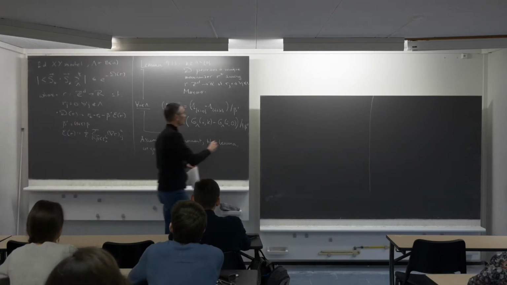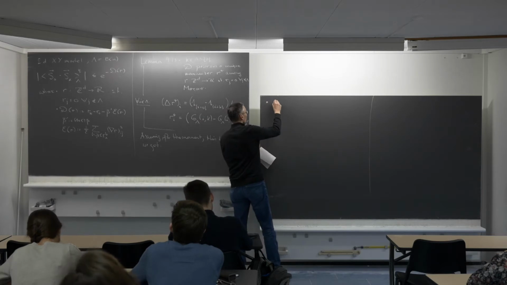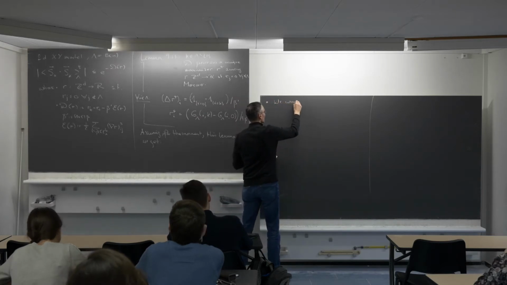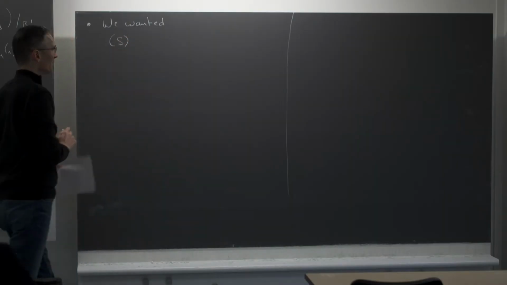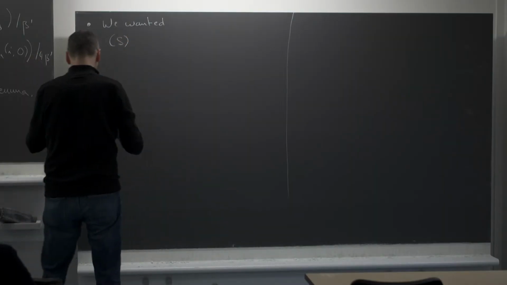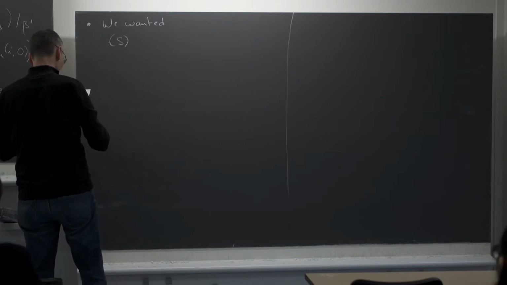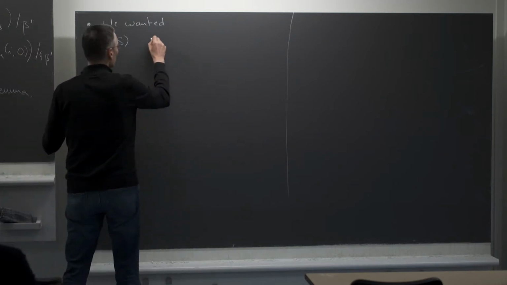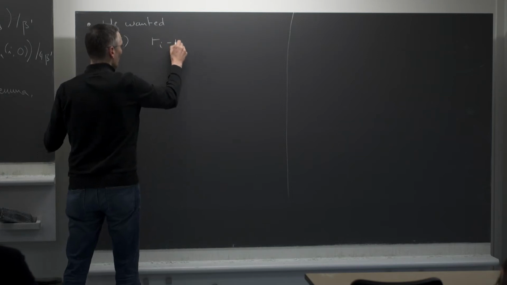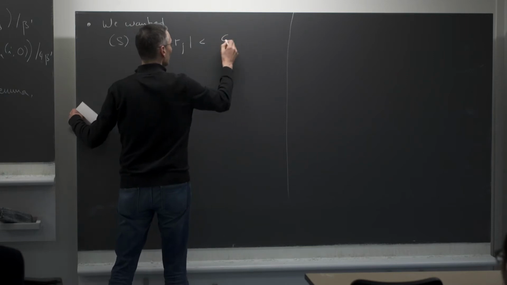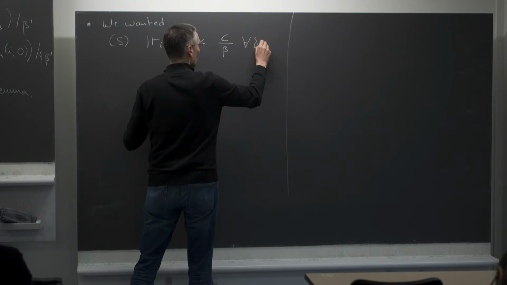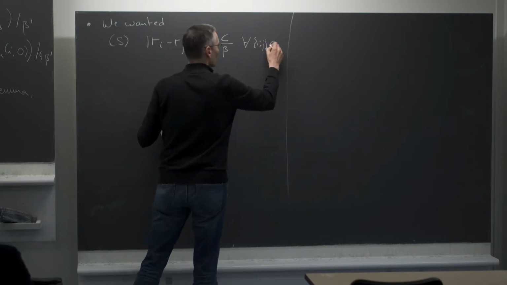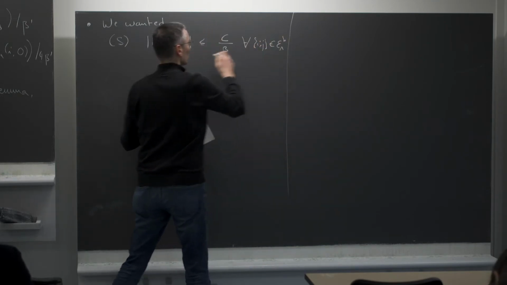So first observation, we wanted this condition that I called S last time, which was, okay, something like the fact that we wanted Ri minus Rj to be smaller than a constant C over beta for all ij intersecting the box, all the edges intersecting the box lambda. Okay, that was the condition we wanted.